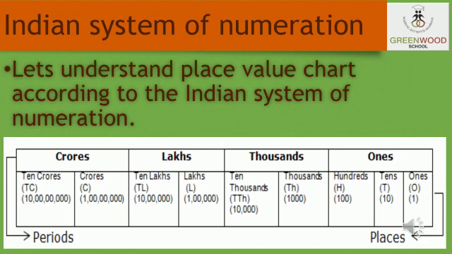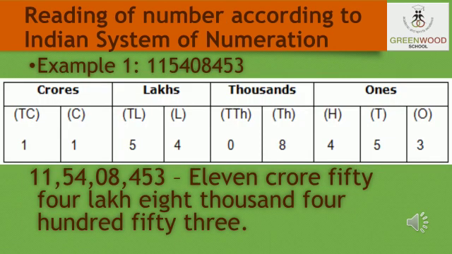In this system, we start grouping the number from the right in a group of 3 and further in groups of 2. The place value chart is separated into groups called periods, that is ones, thousands, lakh, and crore.